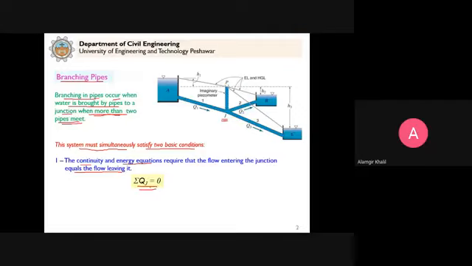That at this point J, which is the junction point, the meeting point, the flow entering the junction equals the flow leaving it. It means that whatever flow is coming to the junction point of these 3 pipes, the same quantity of water should leave that junction.